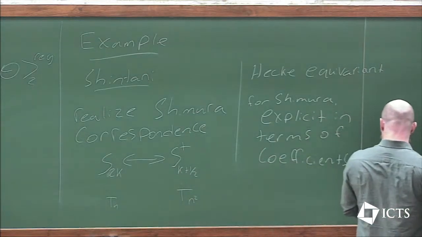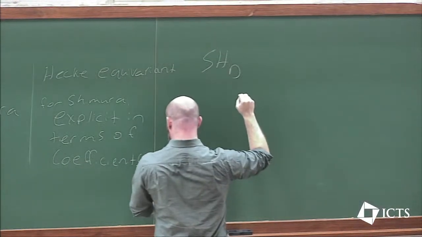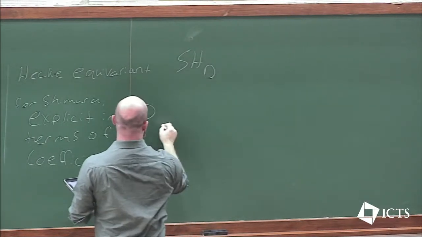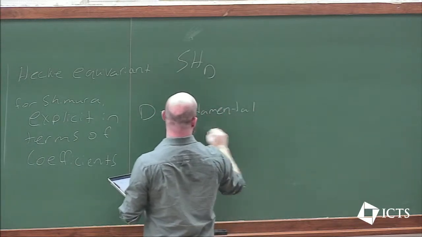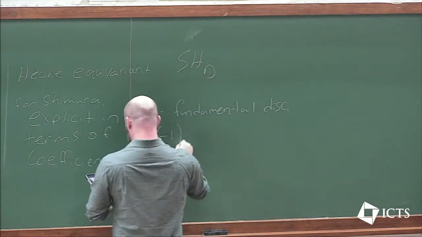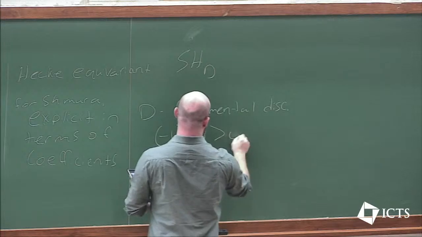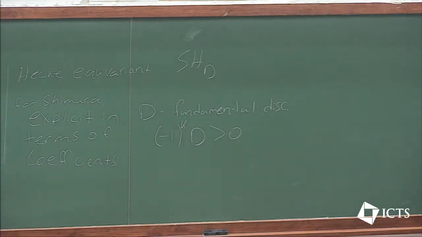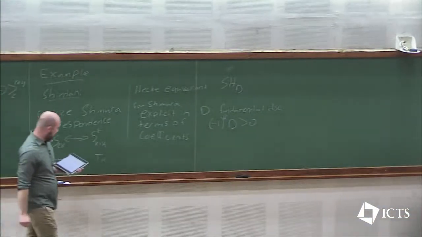I'm going to write this Shintani sub d here, and d is a fundamental discriminant, and we should have the property that (-1)^k times d is positive. So again, k behaves the same way over here. If I'm going up to a weight that's 2 mod 4, then I'll have a negative discriminant. If I'm going up to 0 mod 4, I'll have a positive discriminant.